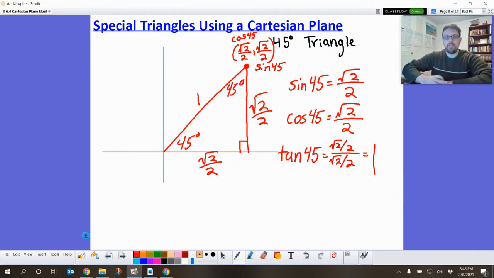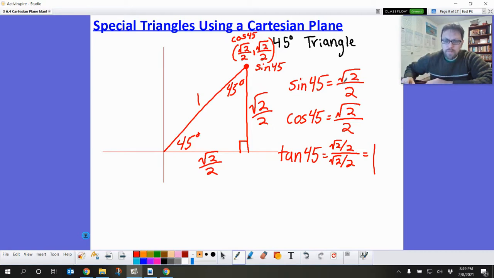And this coordinate point up here, to make a coordinate point, you go a direction in the x and a direction in the y. And you get square root of 2 over 2, square root of 2 over 2, because that's how long this side is, and that's how long this side is.